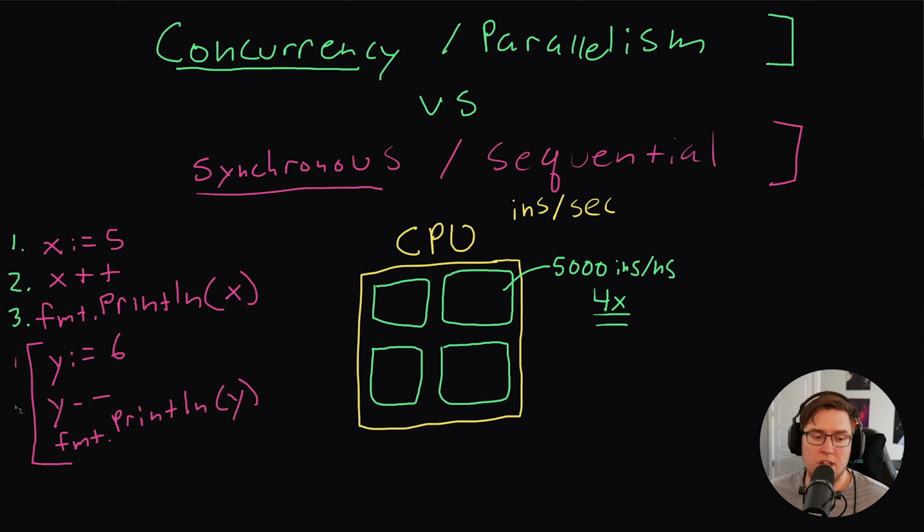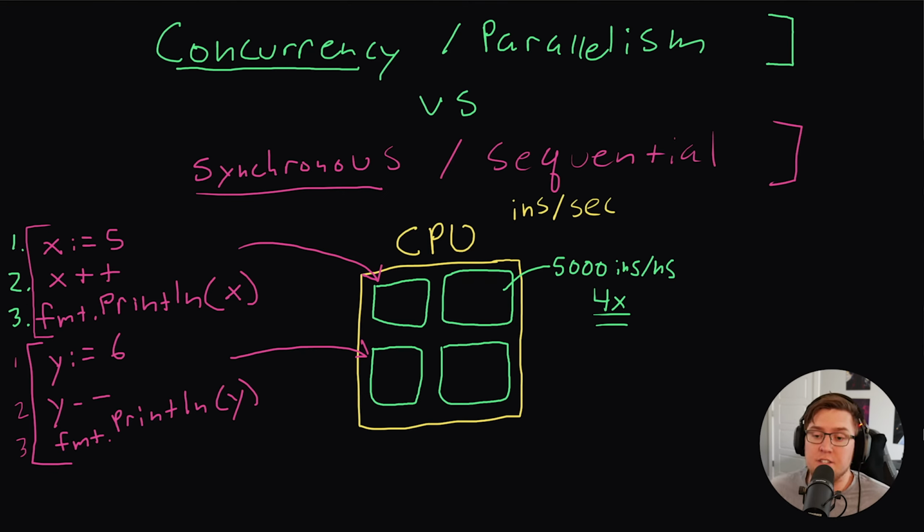We have to do it in 1, 2, 3 order. And the same goes for this block here. But we don't have to necessarily do the block where we calculate and print x before or after we calculate and print y. They're separate in that way. So what we can do is take this block of code and execute it in one core, and at the same time execute this other block of code in another core, doing them at the same time.